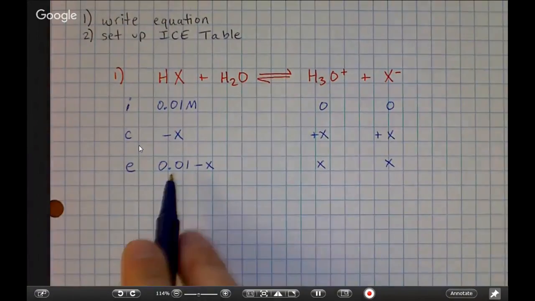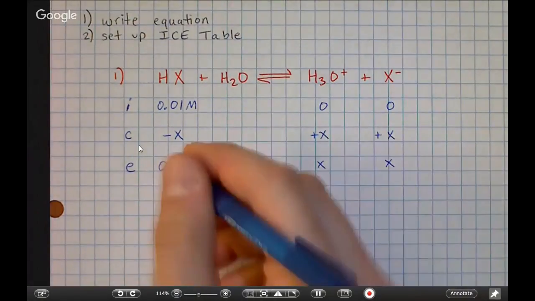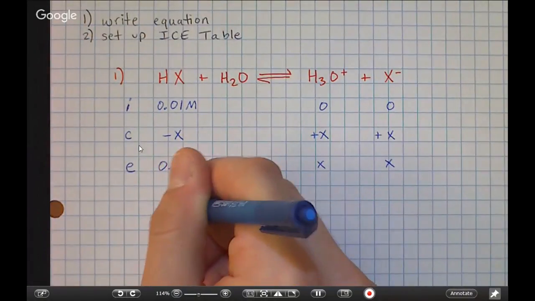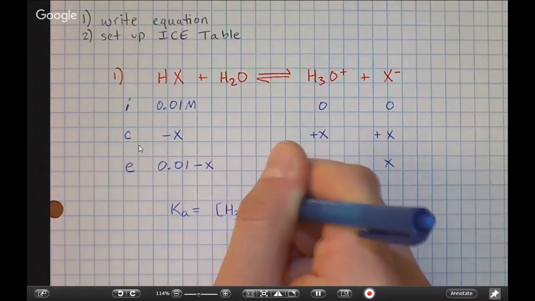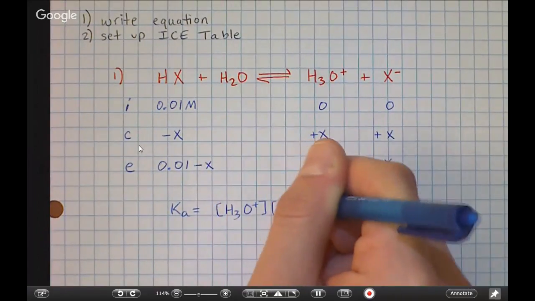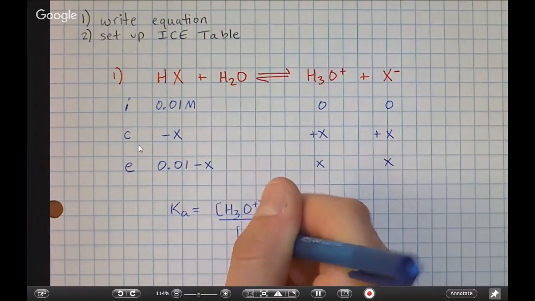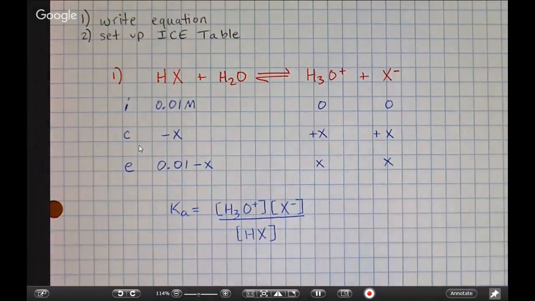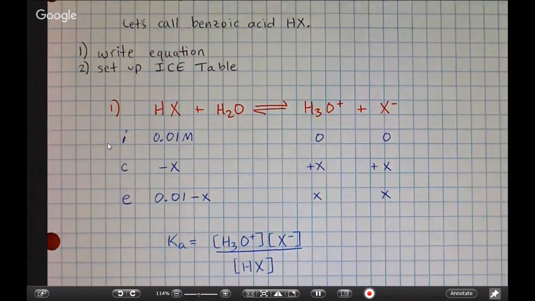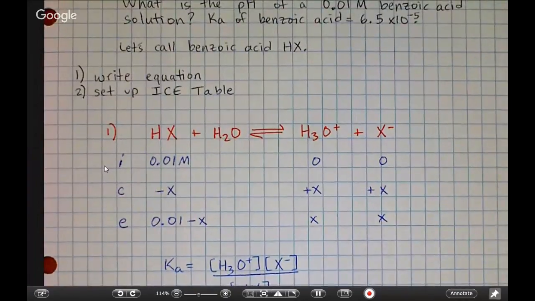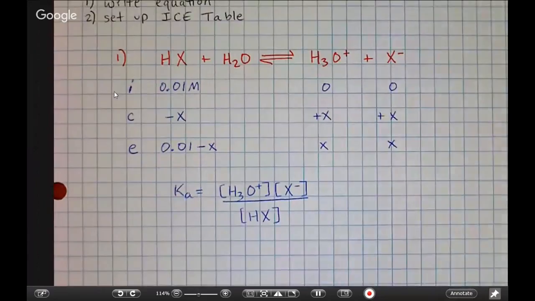Okay, these are our concentrations at equilibrium, which is going to allow us to set up our Ka expression, which will be hydronium times X minus over the concentration of HX. Based on the info above, we're provided with a Ka value, 6.5 times 10 to the minus 5.